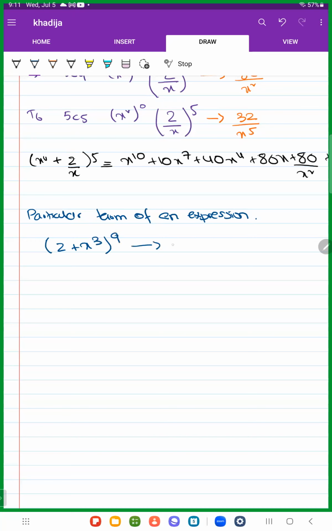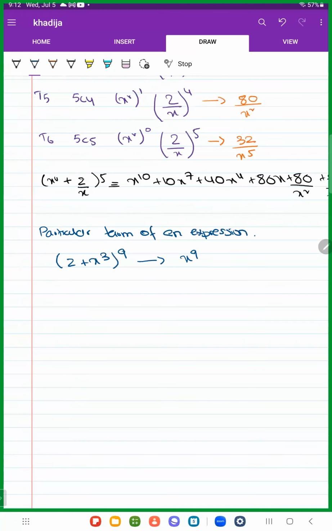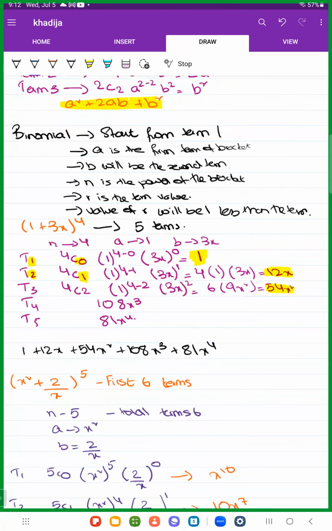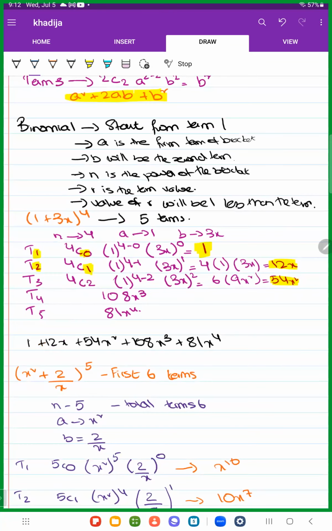I want you to find out the term with x to the power 9. Now, if it was this question and I would have asked you to find out the term with x cubed, you would have told me that it would be the fourth term, yes? Why? Because whatever the term is, one less will be the power.